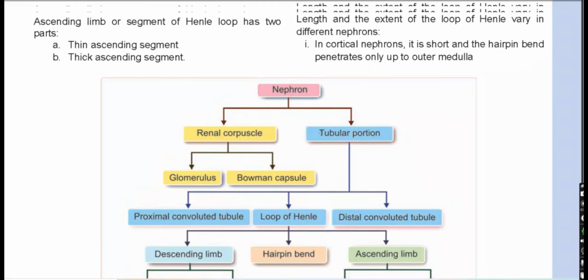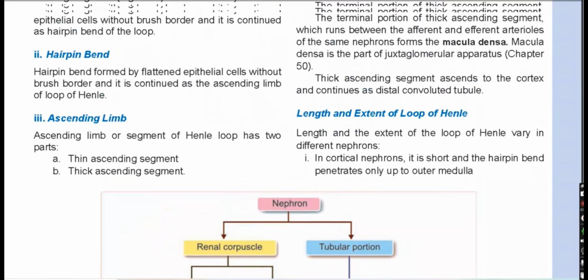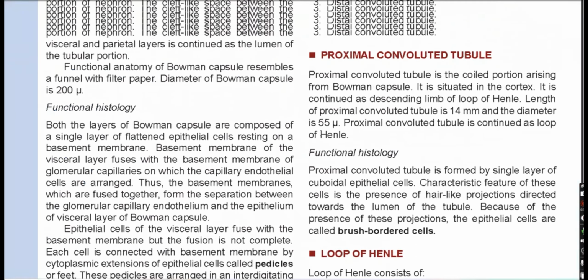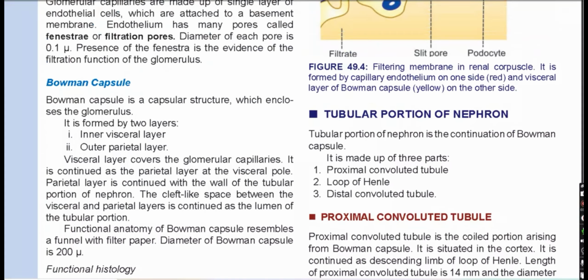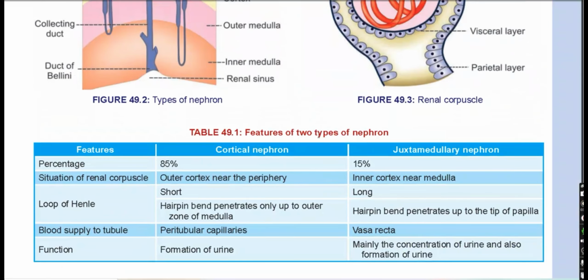One more important thing we learned in this lecture is the classification of nephrons. There are two types: the juxtamedullary nephron and the cortical nephron. The majority of nephrons lie in the cortex, the cortical nephrons, and 15% are juxtamedullary nephrons. The main function of the cortical nephron is formation of urine, while the juxtamedullary nephron also concentrates the urine.